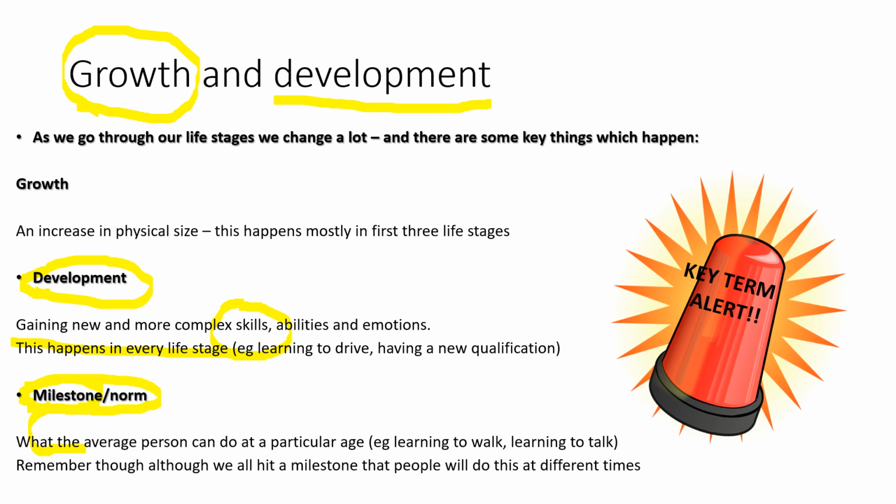Okay. The norm means the sort of average age that this happens. So for example, the average age of learning to walk is by 18 months. But that doesn't mean that everybody learns to walk by 18 months. Sometimes infants may have underlying conditions or reasons why that is more tricky. And so therefore a milestone is it will happen. A norm is the average age that it happens.